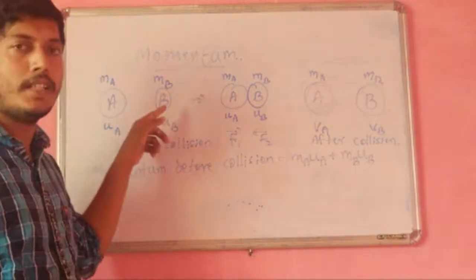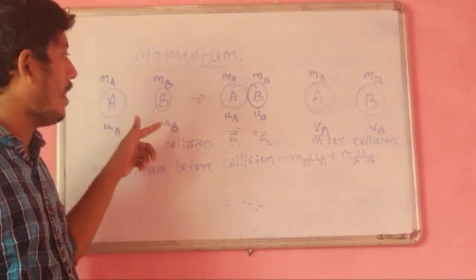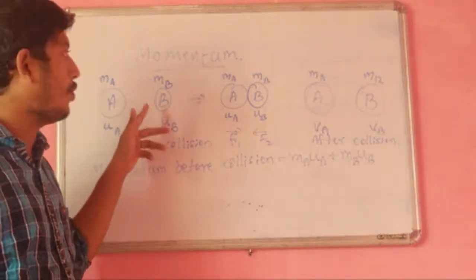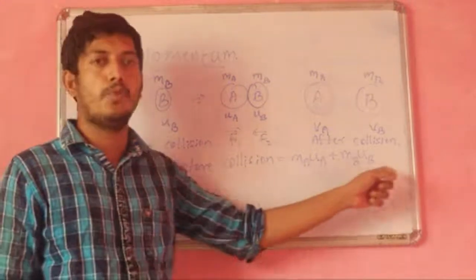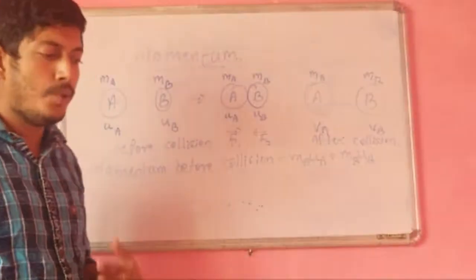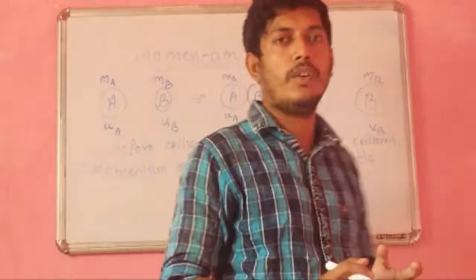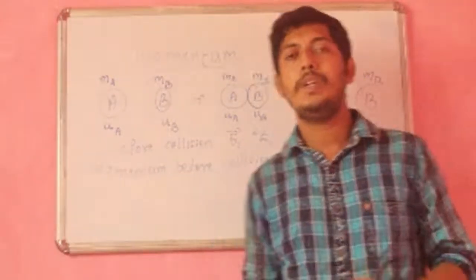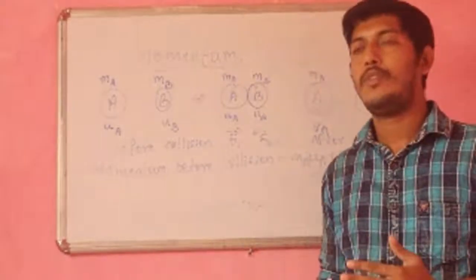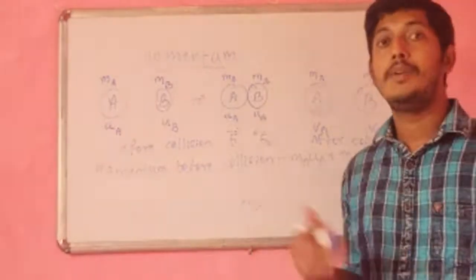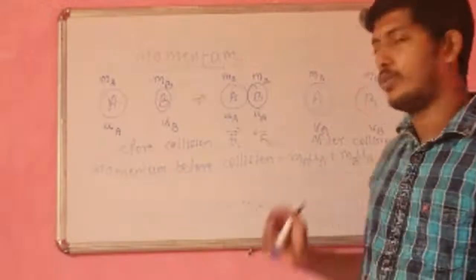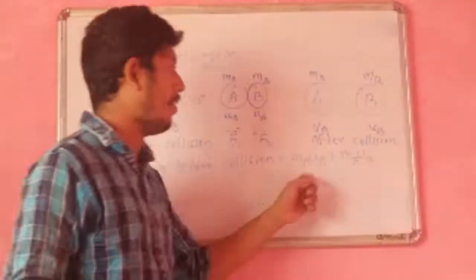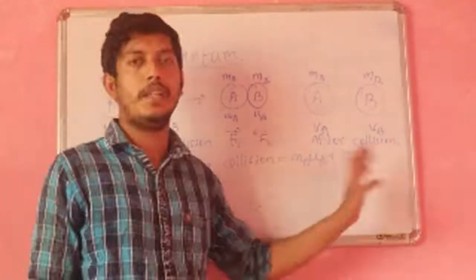For the second object, the mass is mB and velocity is uB, so the momentum is mB uB. Therefore mA uA is the momentum of object A, and mB uB is the momentum of object B before collision. I will add these two expressions and write mA uA plus mB uB.